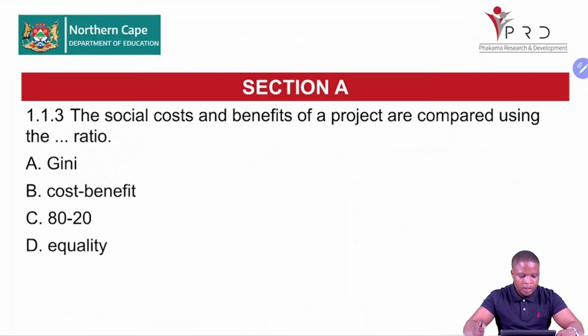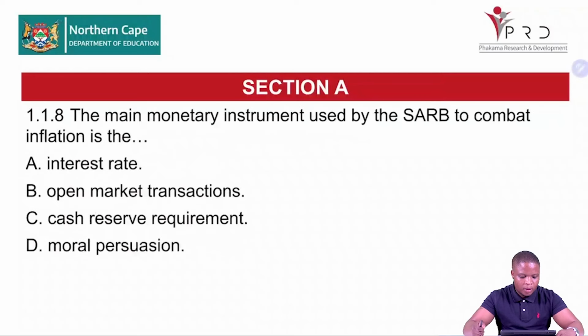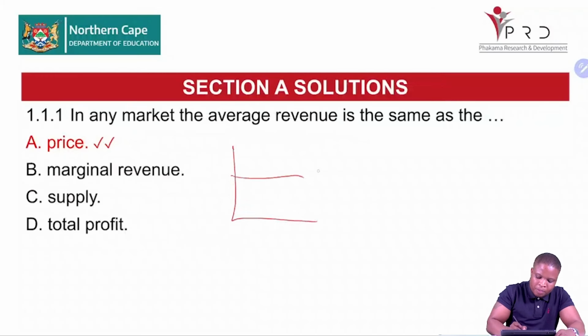Right, so we did 1.1 to 1.8. For 1.1, the question was: in any market, the average revenue is the same as what? So we're speaking of the perfect market and the imperfect markets.